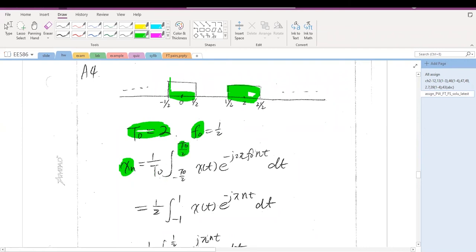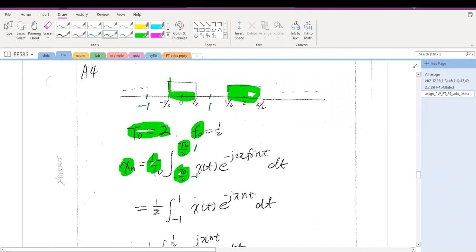This is the definition, from minus half T to half T. So T equals 2. Here is 1, and here is minus 1. So we actually integrate from minus 1 to 1.